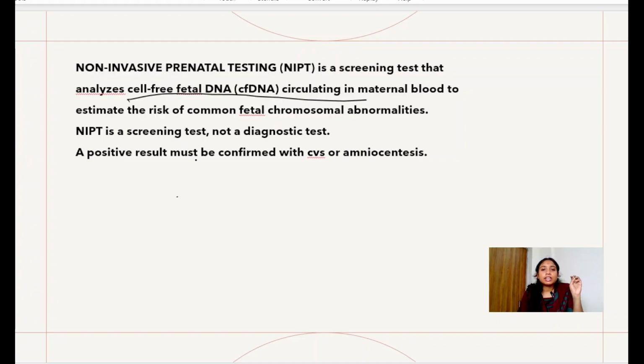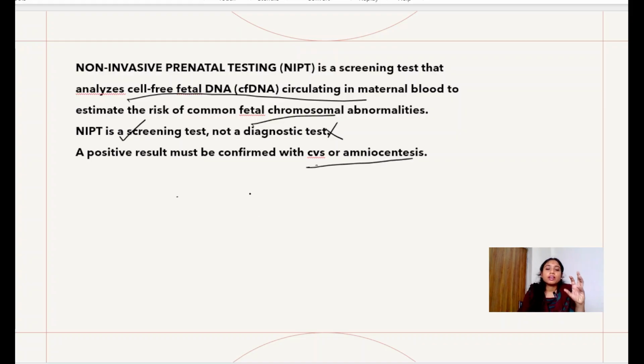This DNA we send for analysis, karyotyping and other analysis, and we rule out fetal chromosomal abnormalities. So NIPT is a screening test, not a diagnostic test. If the result is positive, it must be confirmed with CVS or amniocentesis.